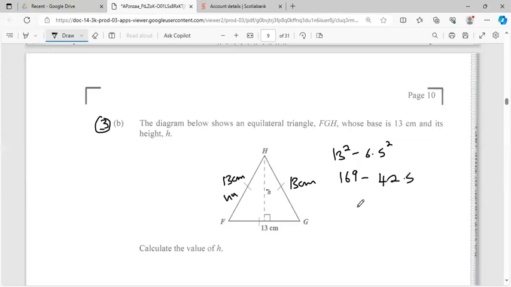So basically we just find the square root of the difference. Alright, so 169 minus 42.25, which gives me 126.75. So it's the square root of 126.75. That looks like 11. 11 squared is 121. Let me just punch it in the calculator.